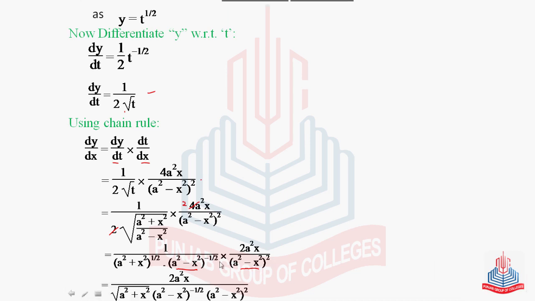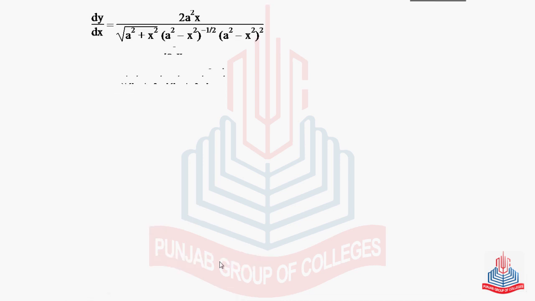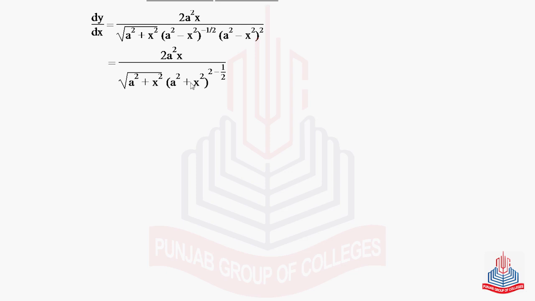Just simplify this one: that is actually 2a²x square root of (a² + x²), and by joining (a² − x²), the power 2 minus 1/2 is 3/2. So this is actually our required dy/dx.